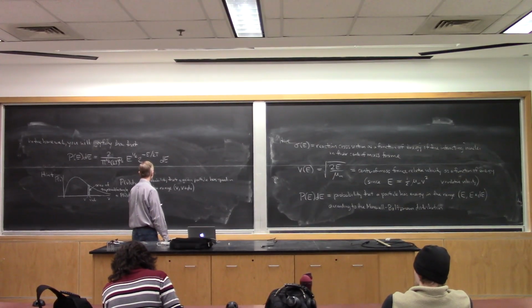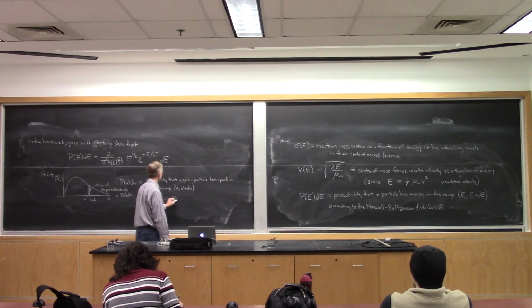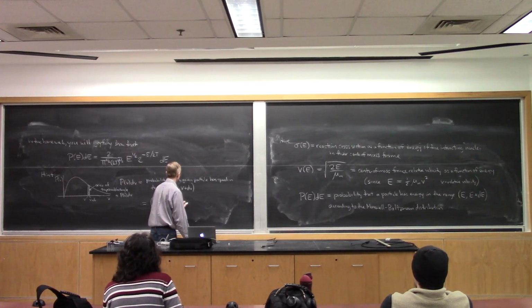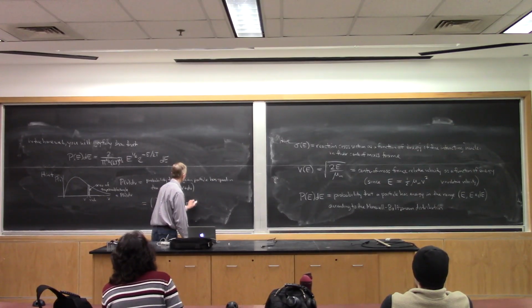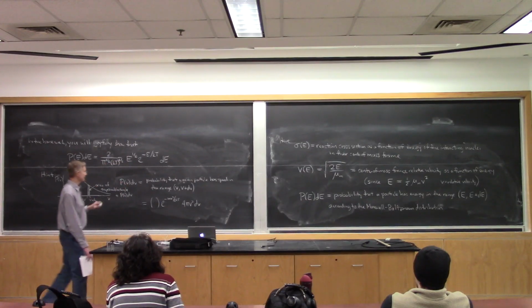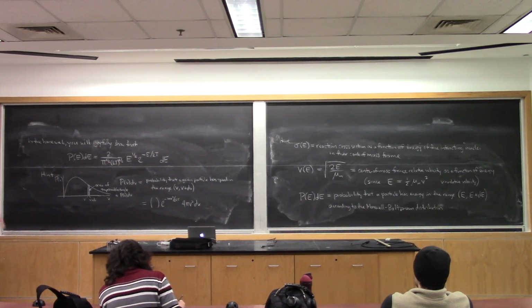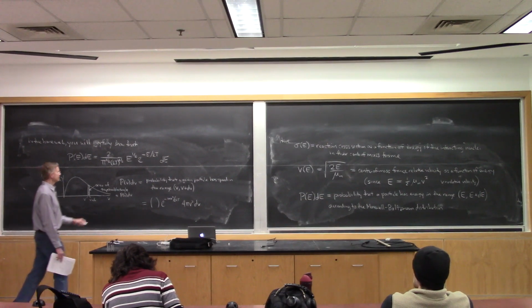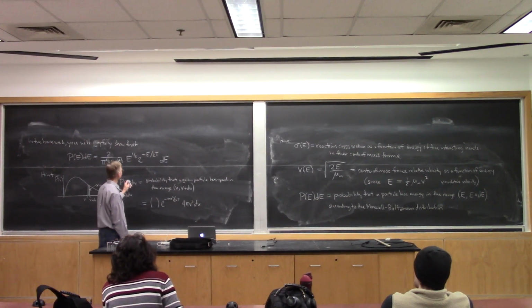It's blah times e to the minus mv squared over 2kT times 4 pi v squared dv, where I forget what blah is, but you'll look it up in your notes or the book and you'll use it in doing the problem. And so we can already see part of what's going on here.